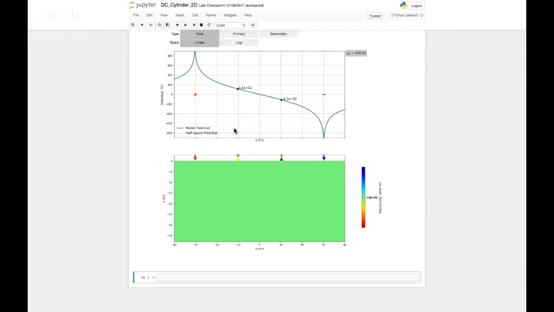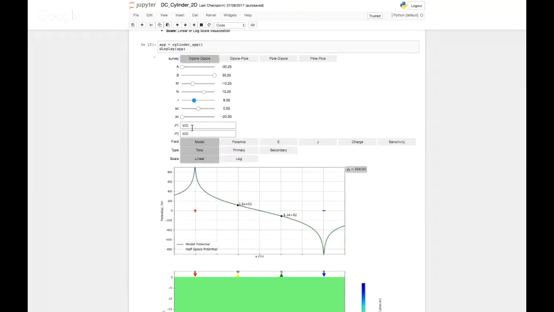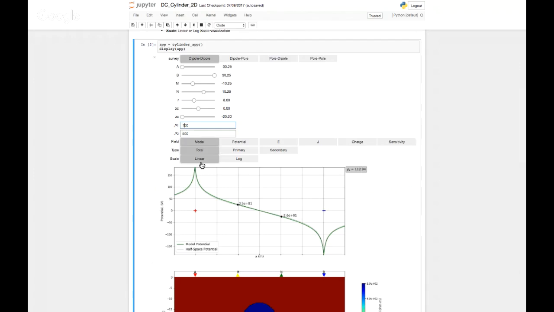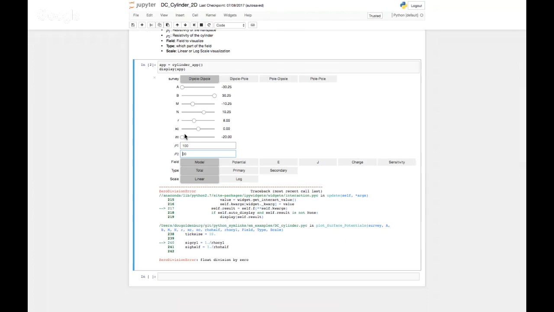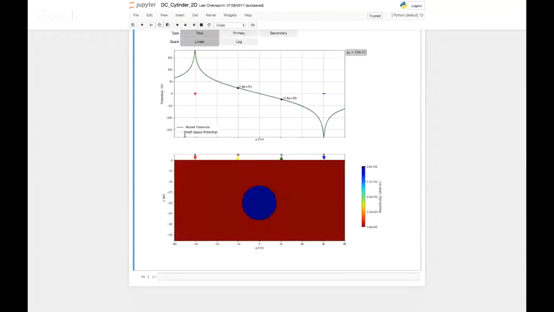What would you like for background resistivity? 100 ohm-meters, and then what about the resistivity of the tunnel? 200. So there we have a tunnel where the depth of the center is 20 meters.